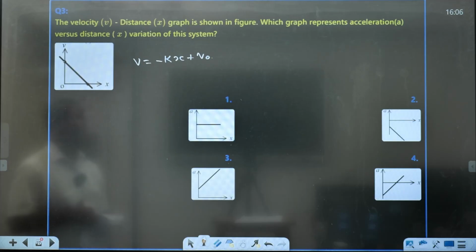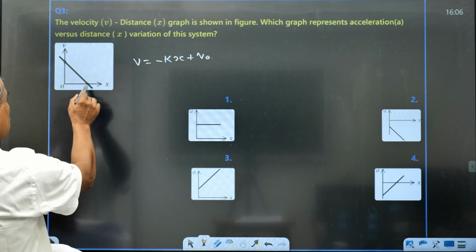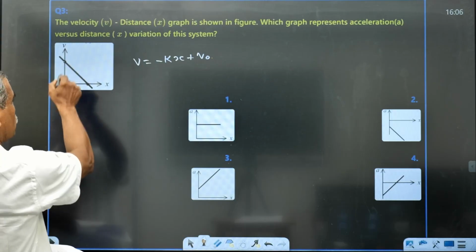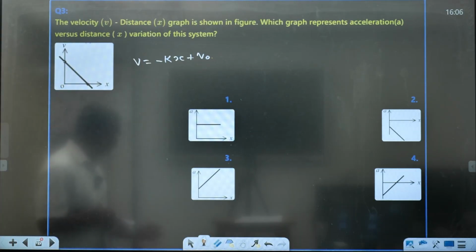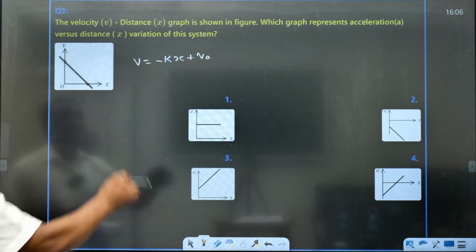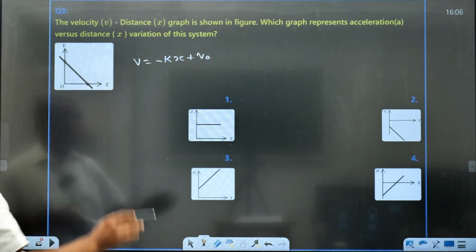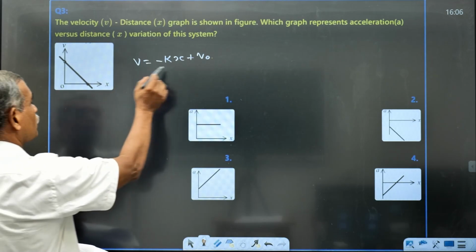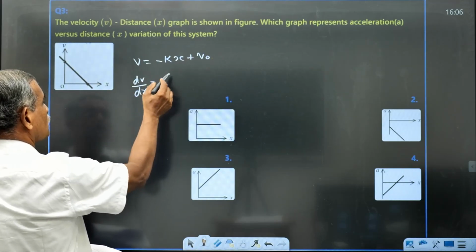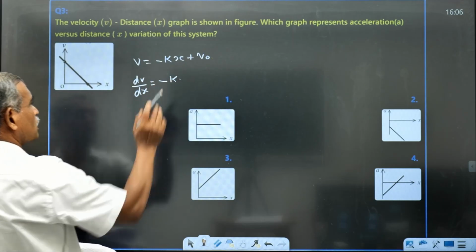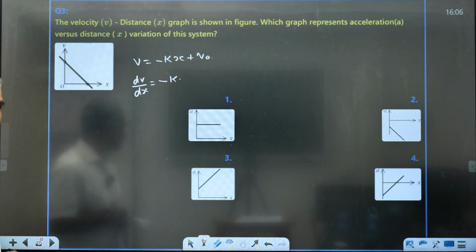Minus k x, and if you want, you can get the value of k also. k is equal to v0 by x0, that is y by x. If you want, you can write like this, but we are keeping k itself, where k is the negative slope. Then, if you differentiate, what is dv by dx? dv by dx is equal to minus k, that is the slope of this equation.